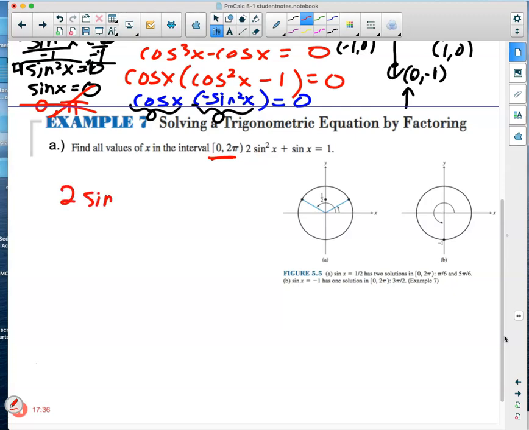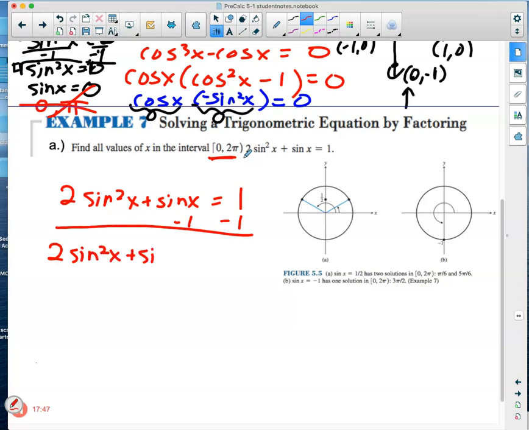So I see 2 sine squared x plus sine of x equals 1. And I think I'm going to move that 1 over and see if this isn't factorable here. Well, let's see. Not used to factoring with sine, but pretty obviously I'd have to have 2 sine of x and 1 sine of x to multiply to 2 sine squared of x.